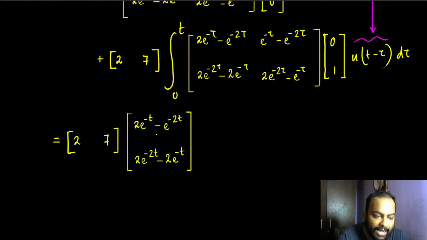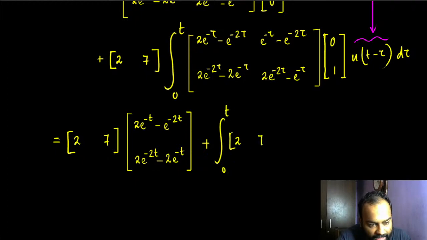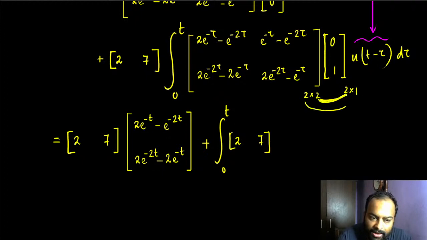Okay, and now write down the plus sign here and think about the same thing happening here. So let's bring this 2, 7 inside. So that's going to be 0 to t, and let's bring this 2, 7, that matrix inside. And here we are doing a very similar multiplication. This is once again a 2 by 2 matrix. This is a 2 by 1. So this multiplication is possible because these two dimensions are matching. Resulting dimension would be this.